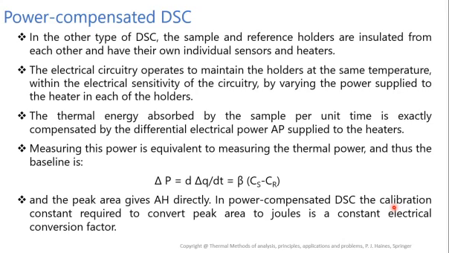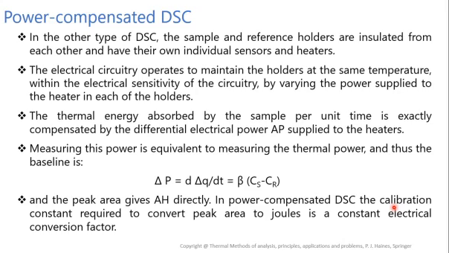So the thermal energy absorbed by the sample per unit time is exactly compensated by the differential electrical power delta P supplied to the heater. This is the basis of the power compensated DSC.